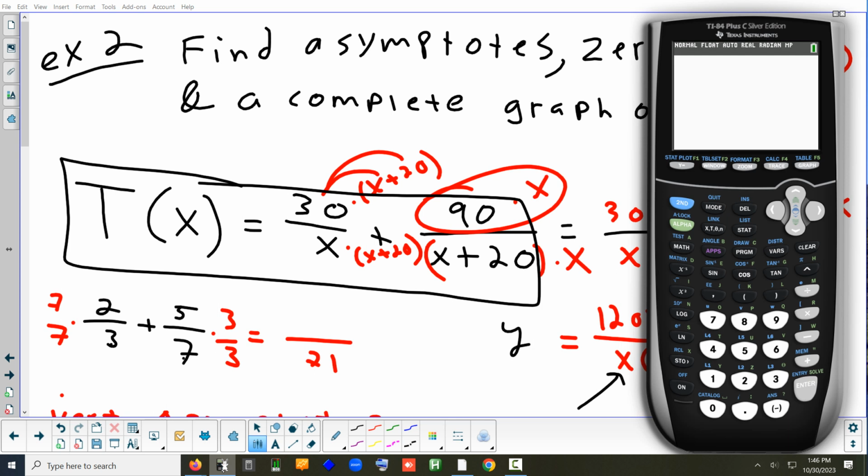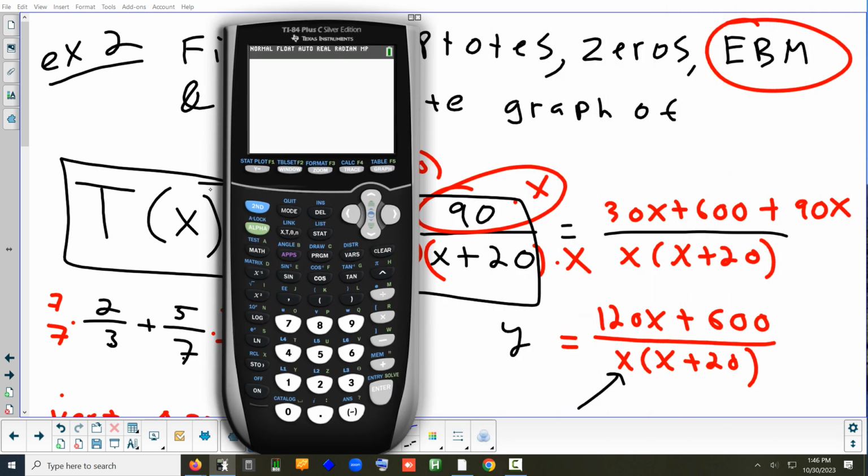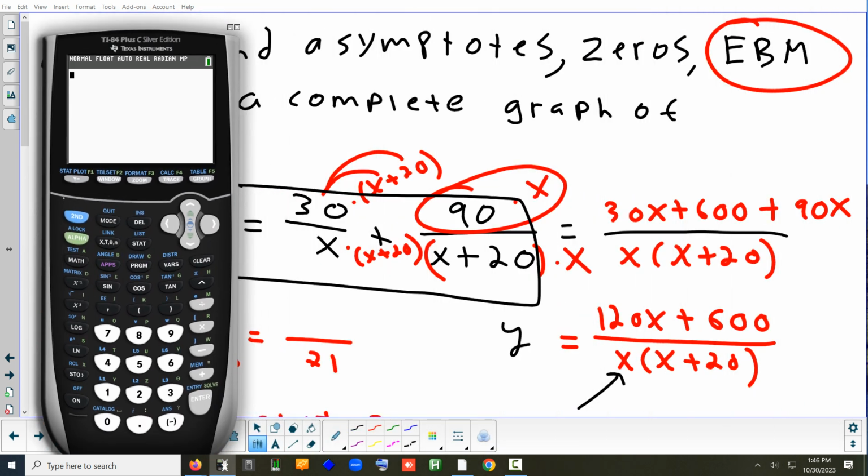When you sketch it, you can type in either the original problem, or you can type it in all combined together. Doesn't matter. Anybody have a preference which way we type it in? The original one or the combined one? Combined one? Okay. So let's type that in.